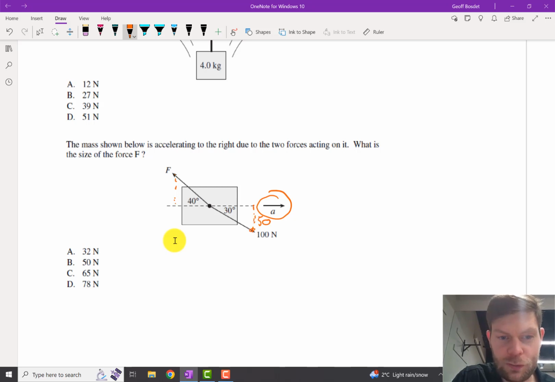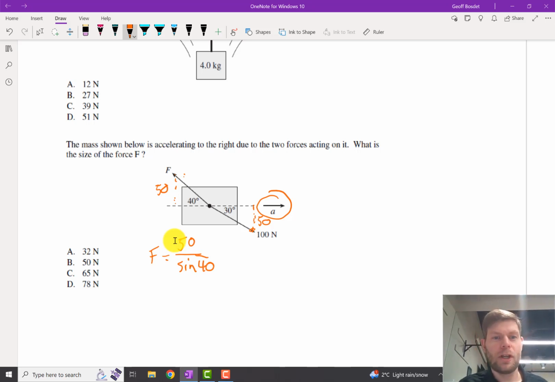If we got a total down force of 50, we need a total up force of 50. And then if we wanted to find F, it would just equal 50 divided by sine 40 to go from the opposite to the hypotenuse. If you rearrange that, that's how you do it.